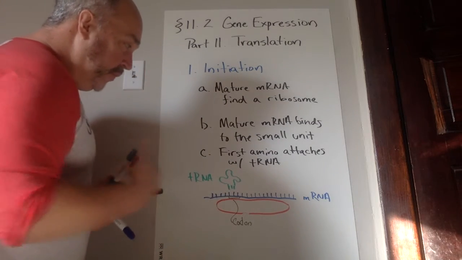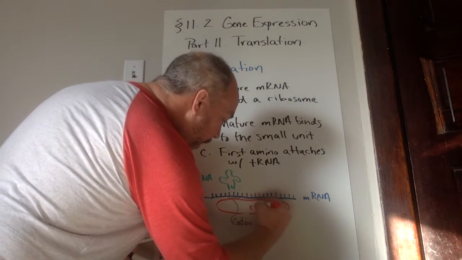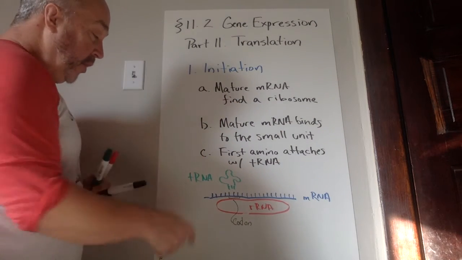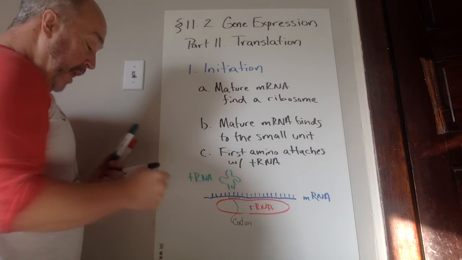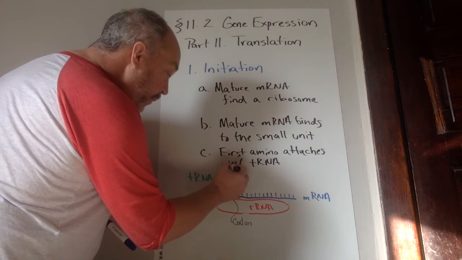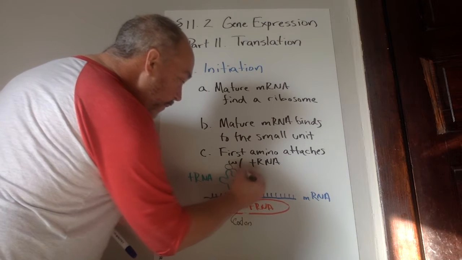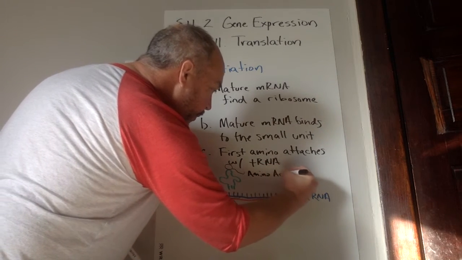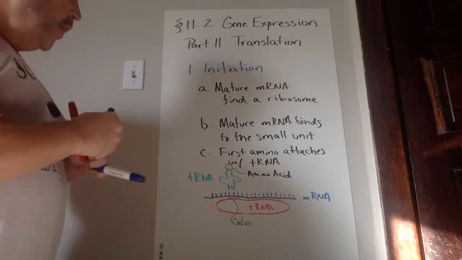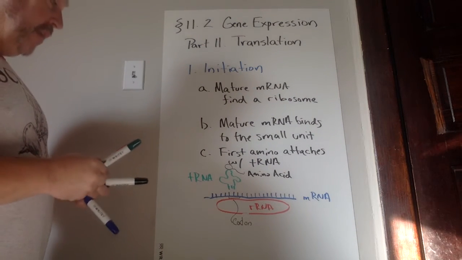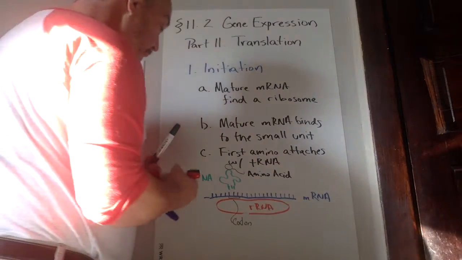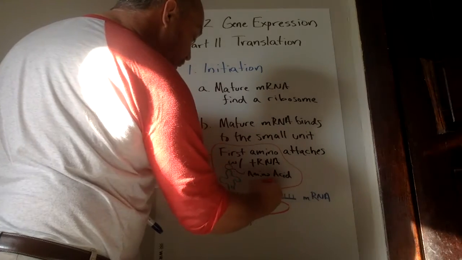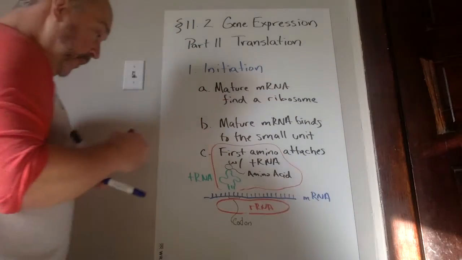So the ribosome is RNA, the mRNA is our messenger RNA, and here's our tRNA. And then on that tRNA, there's going to be an amino acid. So all 3 of these are going to have to come together, and then after that attaches, the large subunit will attach on the other side.